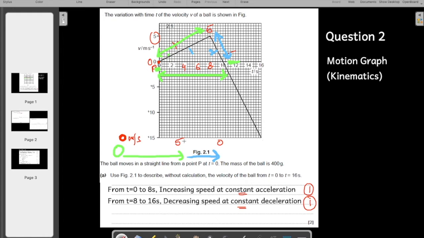The velocity is increasing for the green arrow from 0 to 1, 2, 3, 4, 5. And then maybe there is some friction. The friction has exceeded so much that the velocity is now going down from 5 to 4 to 3 to ultimately 0. But the ball is going ahead only.